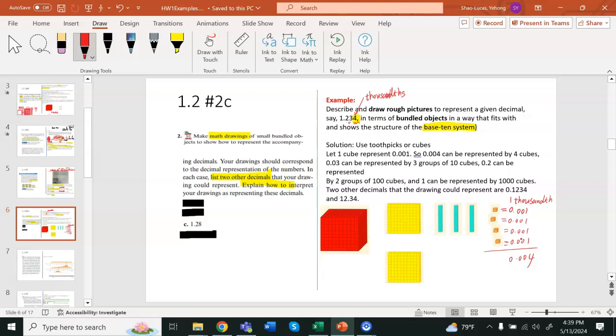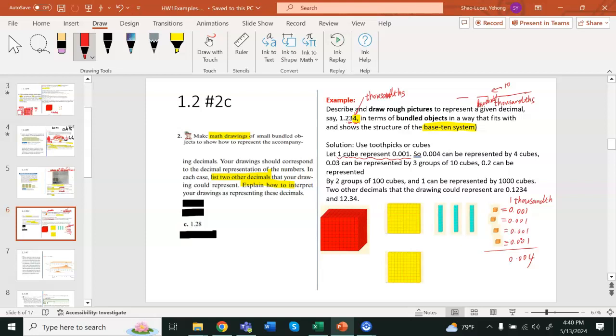Now we're going to work on the hundredths. Remember that 1 cube represents thousandths, or 0.001. Again, let me put the place values here. From the place values, we know that we need 10 of the thousandths to make a hundredth.